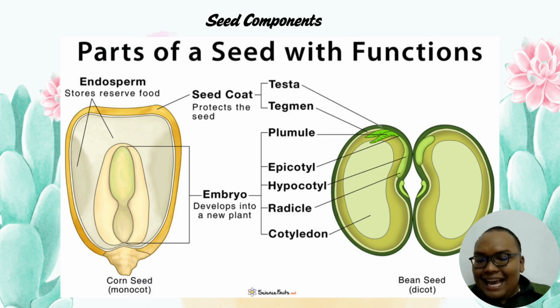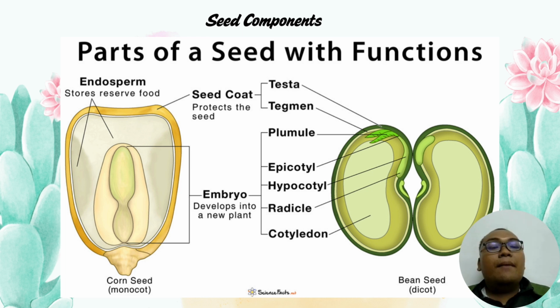Next, the seed has three main parts. First, the seed coat. This is the outer layer that protects the seed from damage and drying out. Second is the embryo. This is the young plant inside the seed. It has a root part, which we call the radicle, and a shoot part, which we call the plumule.